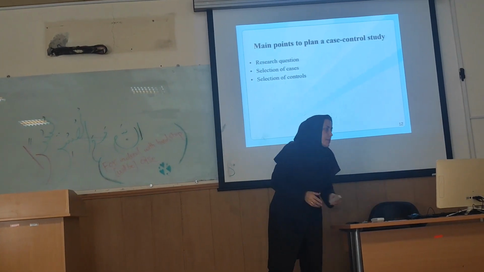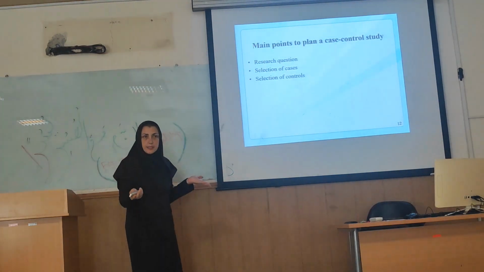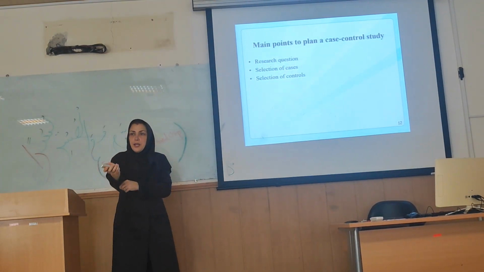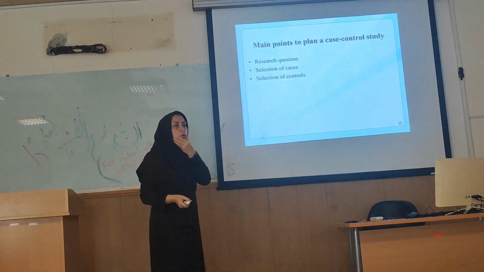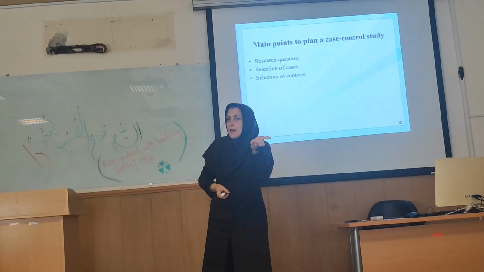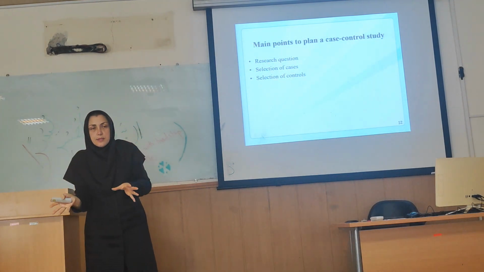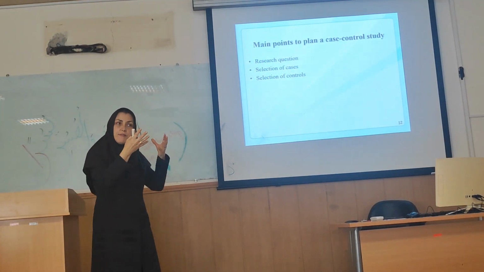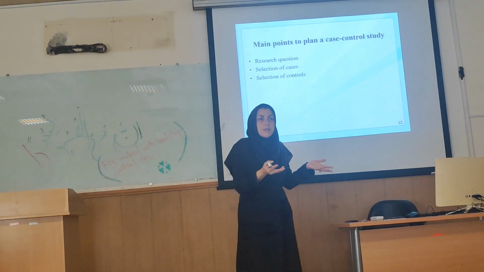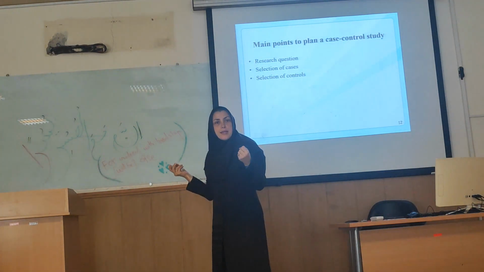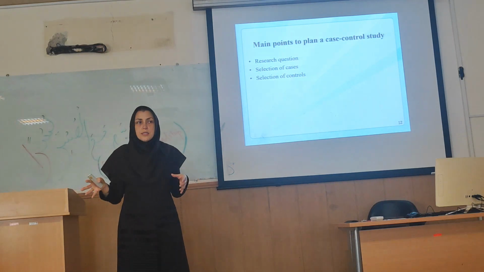Some main points we have to plan a case control study. In cross-sectional study, I gave you an example, and I told you that we can go, for example, to the university and select our study based on the distribution of sex, based on the distribution of majors, I mean, that the students have in the university.